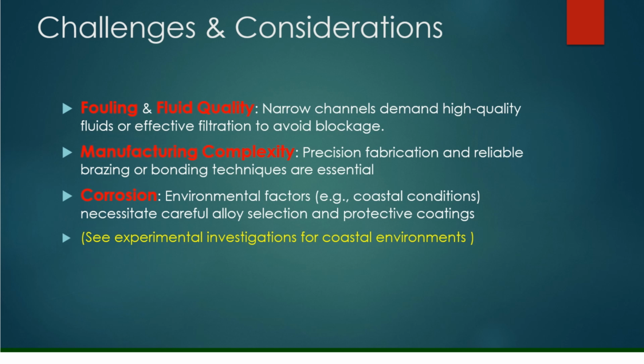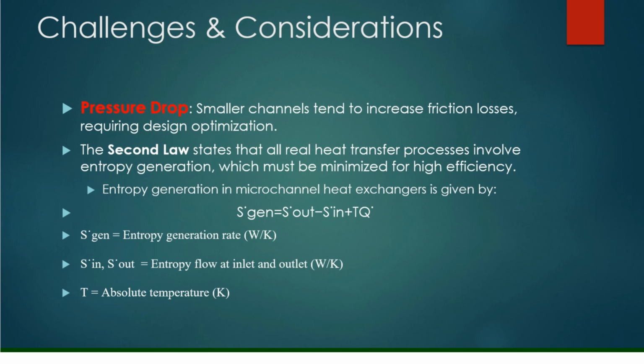So now let's break back into the second law of thermodynamics, which basically says that entropy most likely always wins. Every real process creates some energy loss. And in microchannel heat exchangers, that's measured using this entropy equation, where S_gen is the entropy generation rate, S_in and S_out are the entropy flow at inlet and outlet, and T is the absolute temperature.